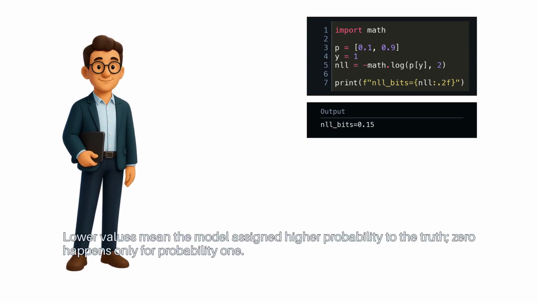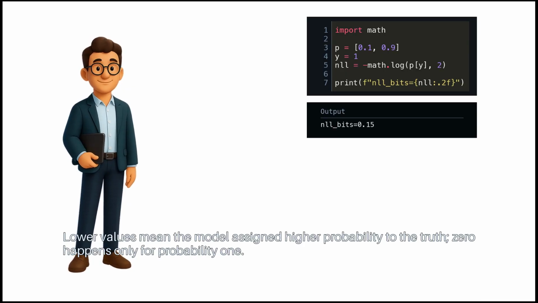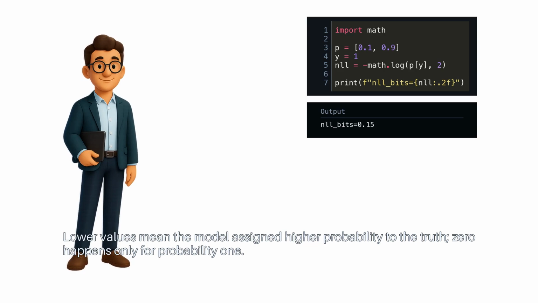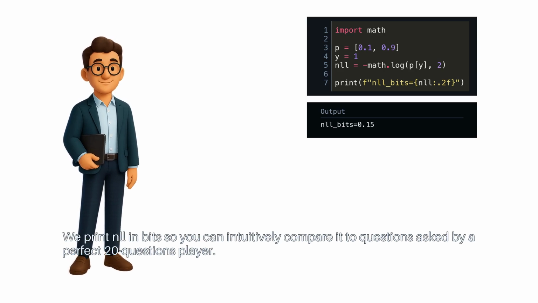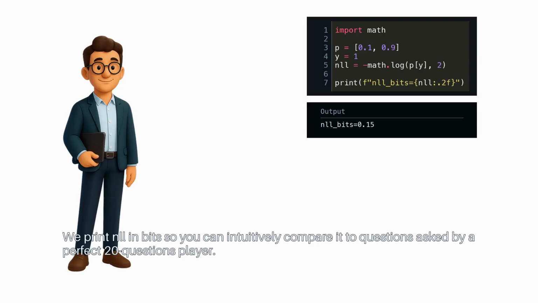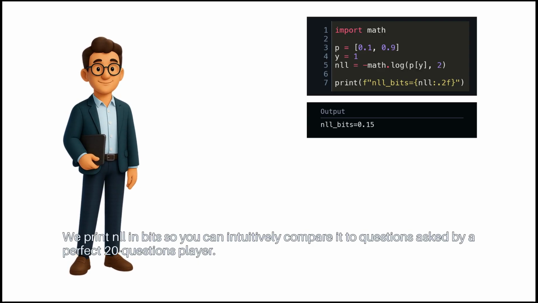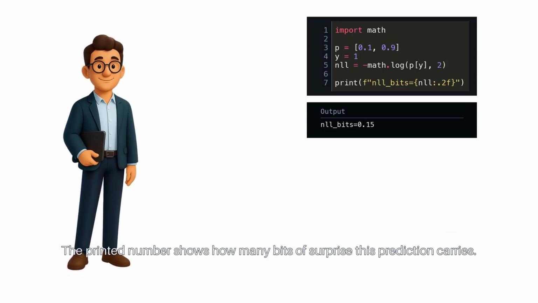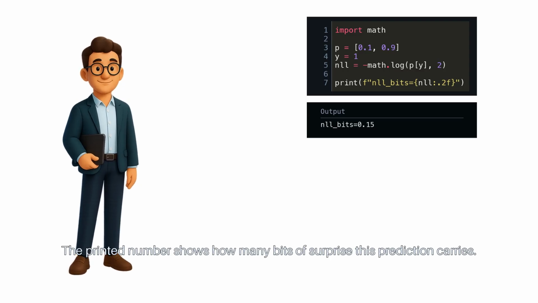Lower values mean the model assigned higher probability to the truth. 0 happens only for probability 1. We print NLL in bits so you can intuitively compare it to questions asked by a perfect 20 questions player. The printed number shows how many bits of surprise this prediction carries.